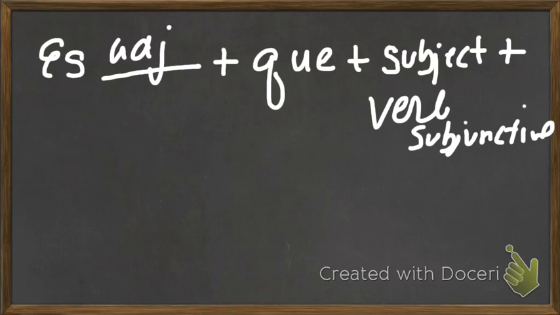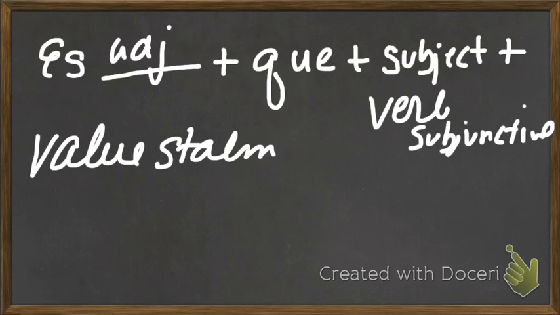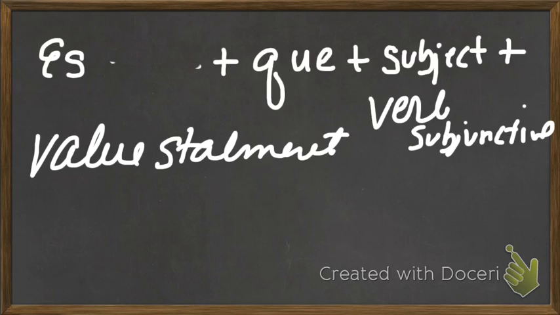So this is our first formula for using the subjunctive, and this is using subjunctive for a value statement. What's next to es underline? Adjective. So es, it's, plus an adjective. Plus que, plus a subject, plus el verbo en el subjuntivo.